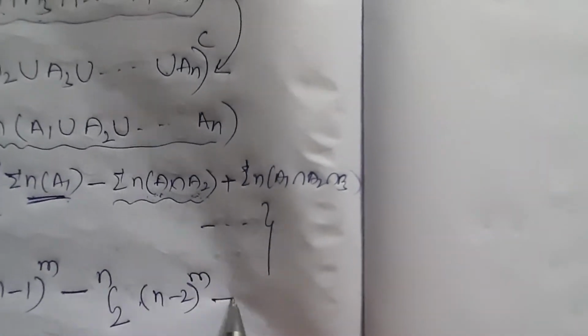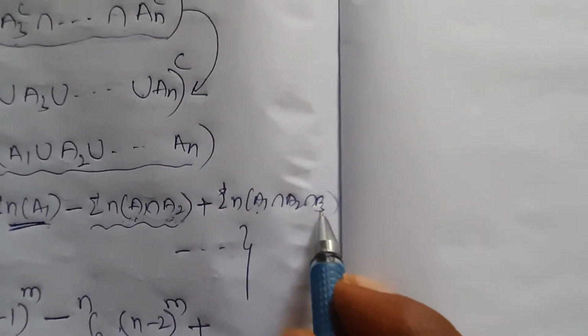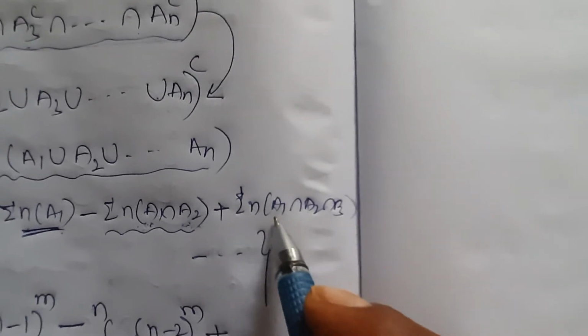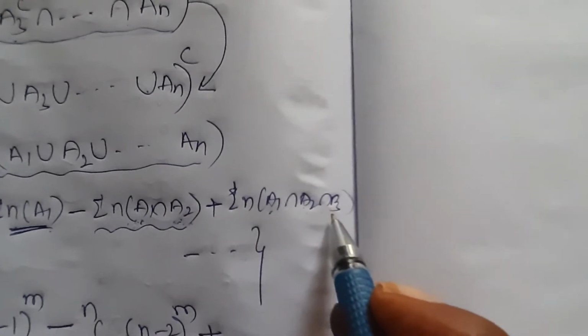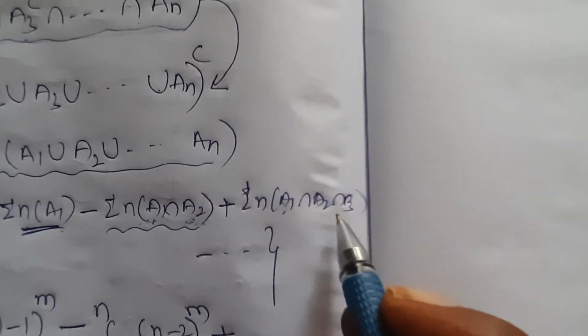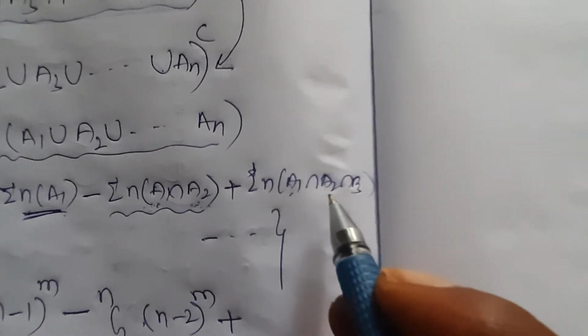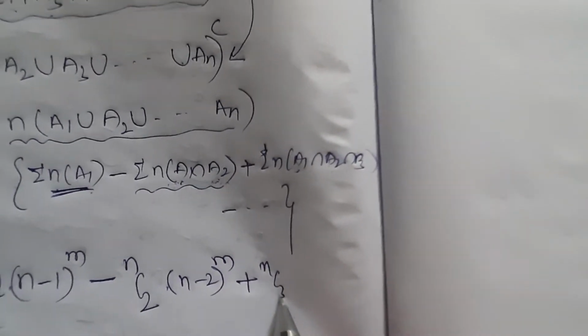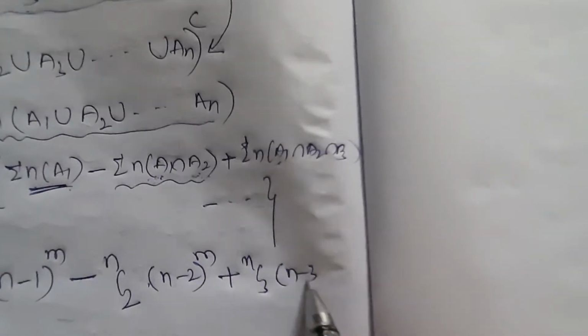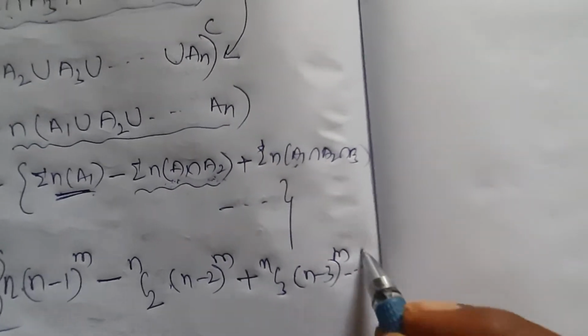Similarly, next value plus, 3 selections are there out of n elements: first element left, second element left and third element left. If you leave 3 elements, then remaining n minus 3, whole power m. How do you select a1, a2, a3? nC3 into n minus 3 whole power m, minus, and so on.